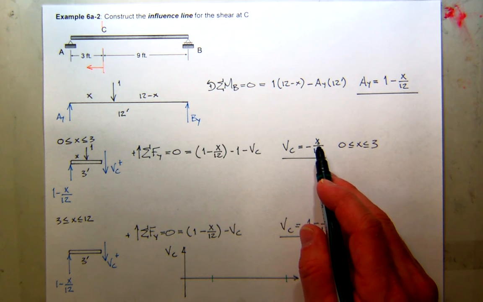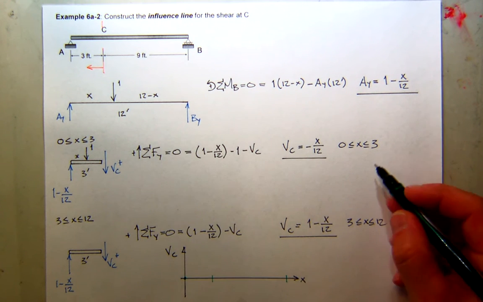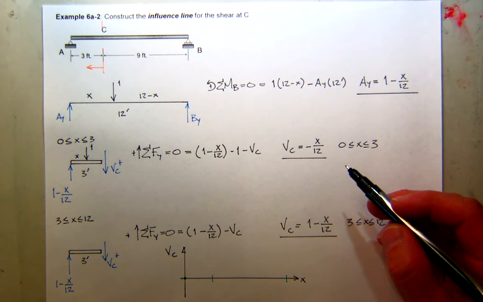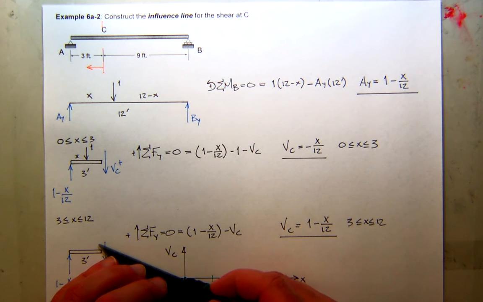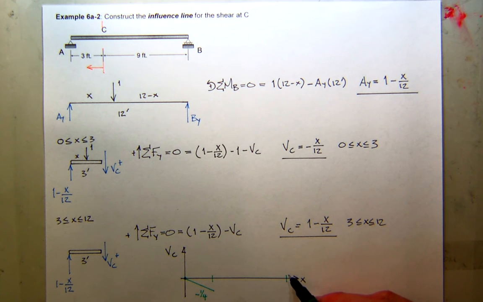At x equals 0, it is 0. At x equals 3, what is it? It's negative. And 3/12 is 1/4. Everybody see that?